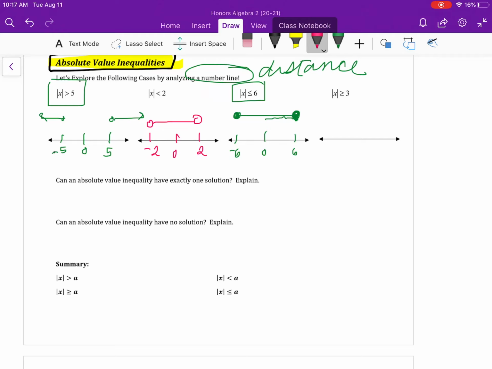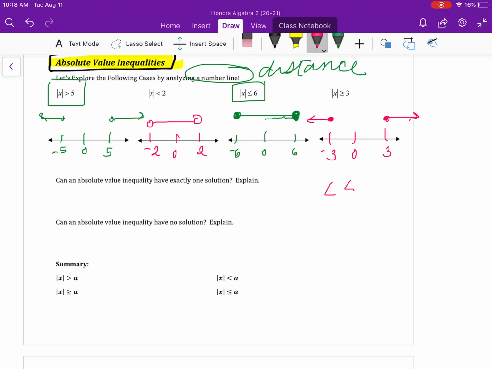All right, and I bet you can guess what this one's going to look like. The distance from 0 of a number has to be greater than or equal to 3. So let's see, it has to be bigger than 3 on this side and bigger than 3 away on this side. I'm going to have closed circles, and they're going away.